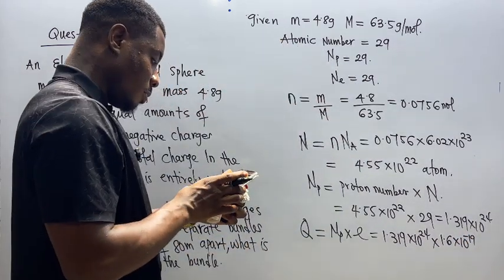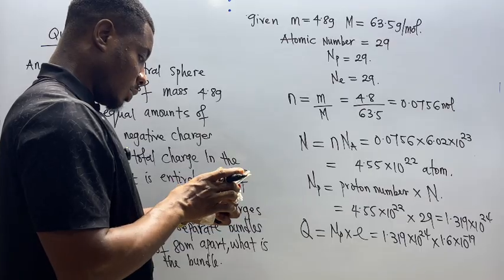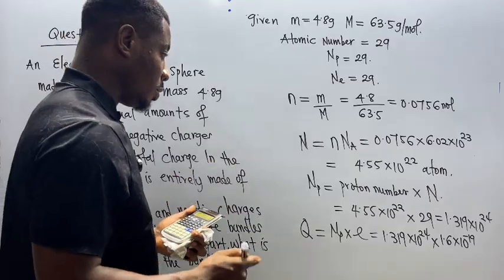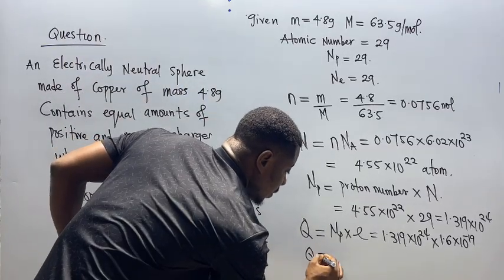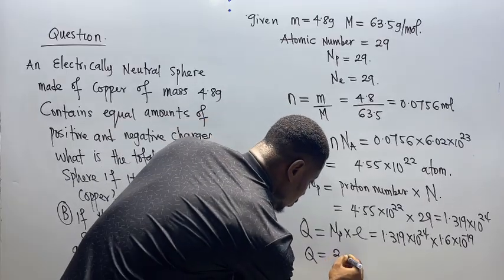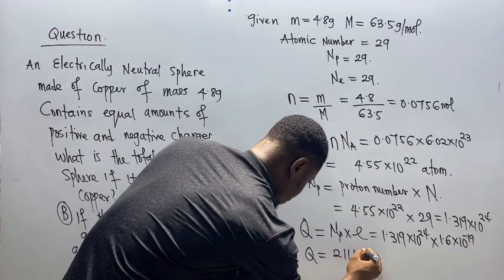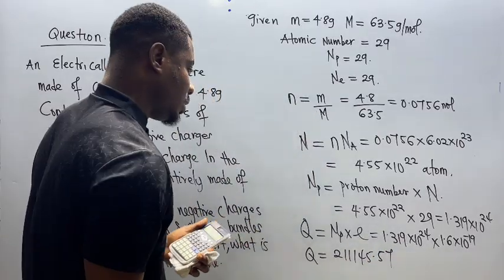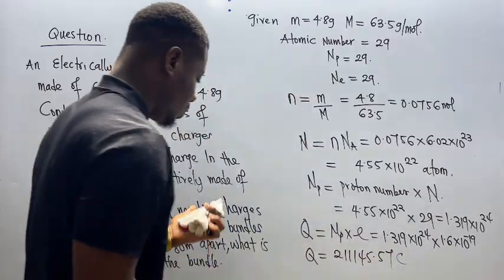That gives us 211,145.57. This is the charge that we have in coulombs.